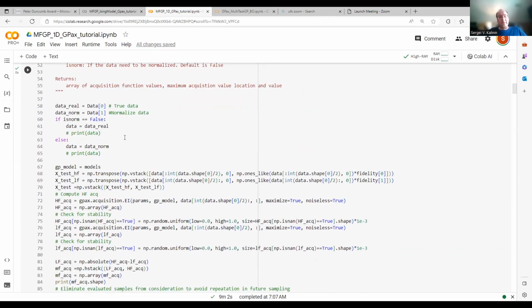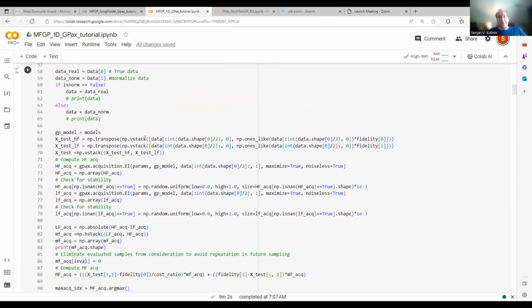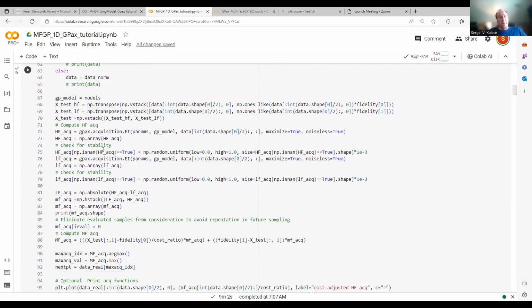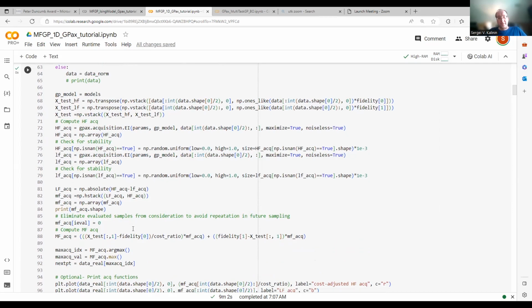And then the second difficult part here is the acquisition function. In this case, you calculate the high fidelity acquisition function as the expected improvement, and you define the low fidelity acquisition function. Then you have to make this compound acquisition function that balances costs and fidelities.